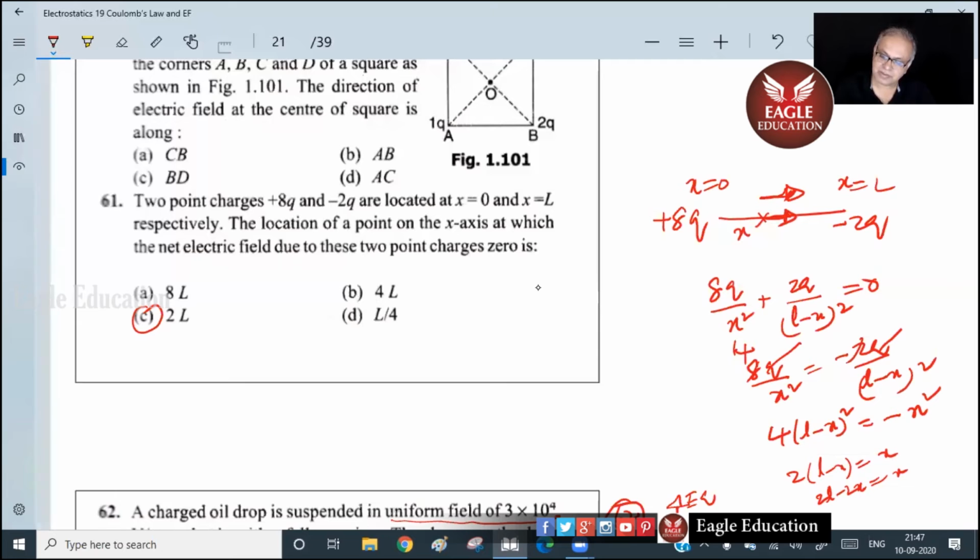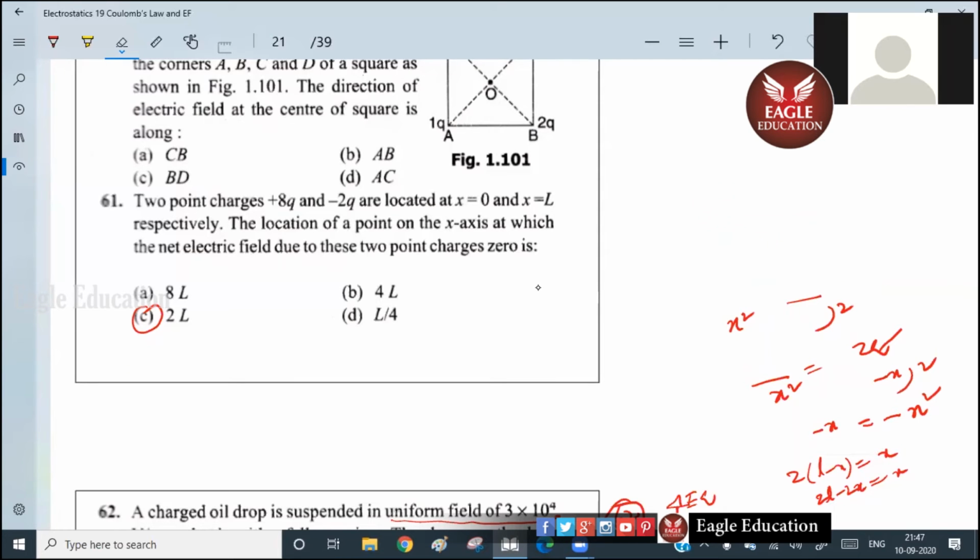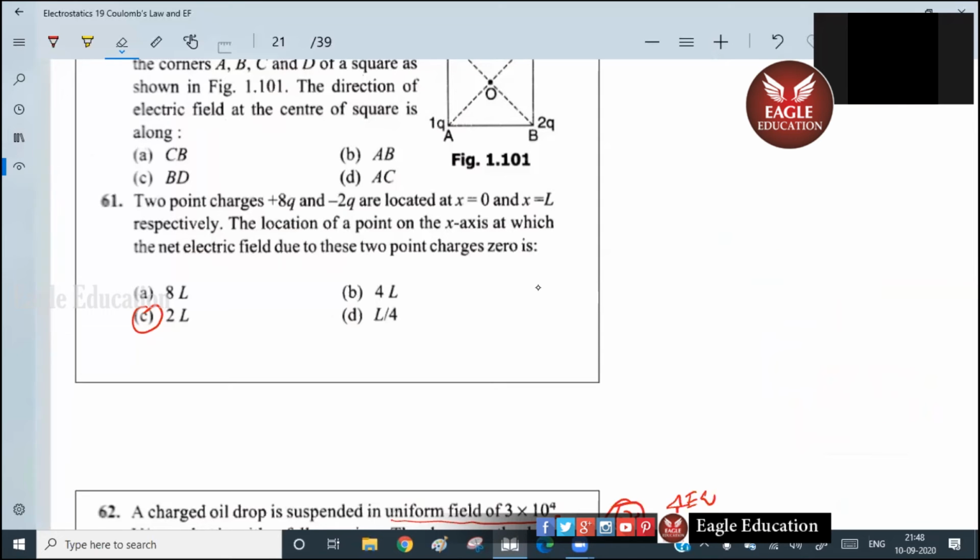Do you understand why I'm talking about it like this? Sir, we have to square directly. Without squaring, either L by 2 or 2L you will get.